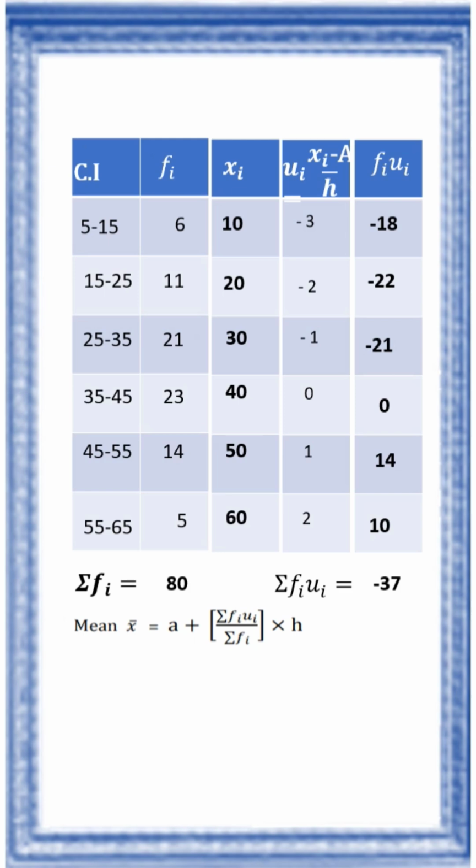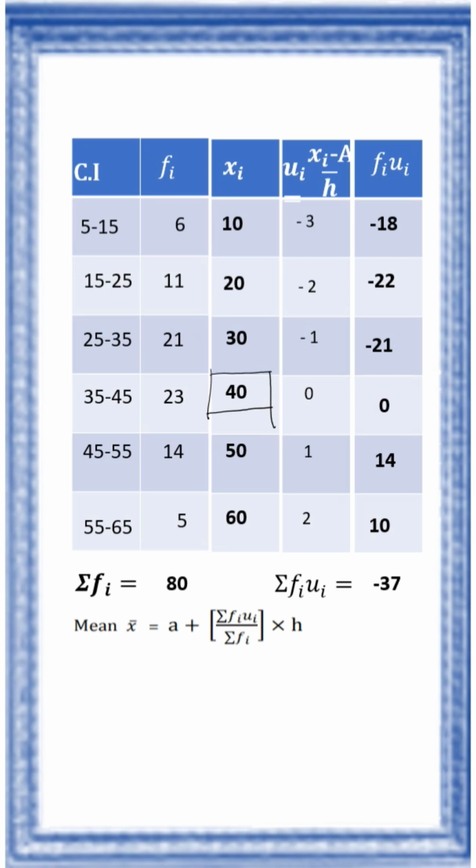So we are creating one more column for ui, which is equal to xi minus a upon h. Here a is what? 40. Let us assume 40 as a. Then 10 minus 40, what is it?